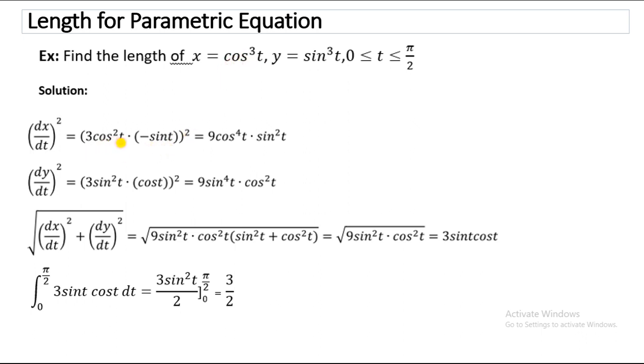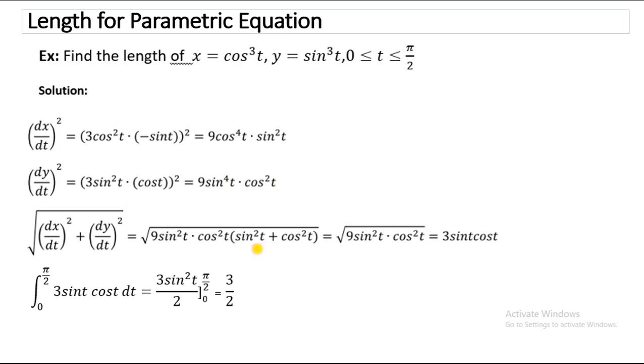Squared, this gives 9 cosine to the power 4 t times sine squared t. For dy over dt, 3 sine squared t multiplied by the derivative of sine, which is cosine. Squared, this gives 9 sine to the power 4 t times cosine squared t.